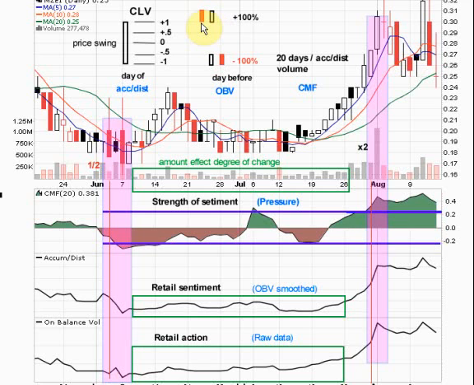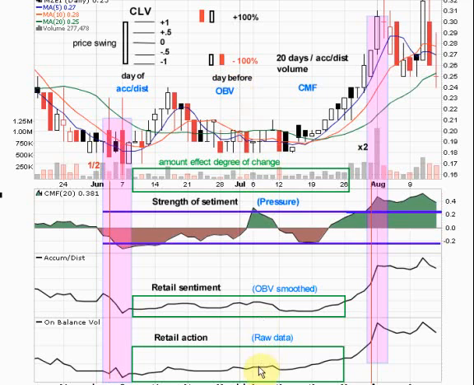If the daily price finishes above the day before's price, 100% of the volume for that day is added to the point on the graph. If the price for the day after is below the day before, then minus 100% of the volume is put onto the graph.